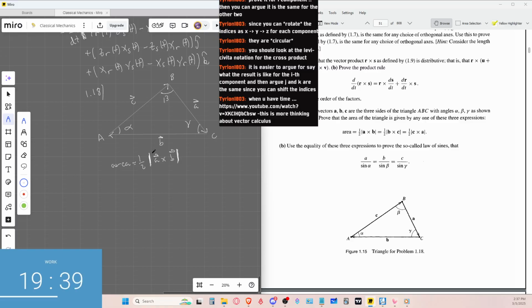Absolute value. Okay. So technically, we would have something like this. If it's the cross product, that's supposed to be the magnitude of it.